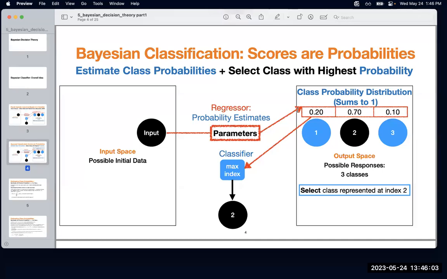Because these are now probabilities, we have a few things that we can take advantage of. The first thing is every probability varies from 0 to 1 necessarily. The second property is that the sum of these probabilities would be equal to 1. No matter how many classes, no matter how many categories you have as the possible outputs of your classifier, when I sum up all the posterior probabilities of the class, I would necessarily be summing up to 1.